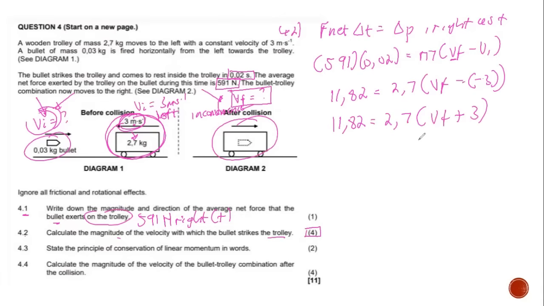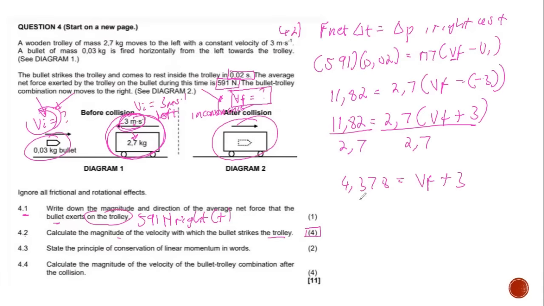Then I can simply divide both sides by this 2.7 there in order to get rid of it. And then 11.82 divided by 2.7, then I'm ending up with 4.378. So I'm just going to round off to at least 3 decimal places for now. And then this is VF plus 3.